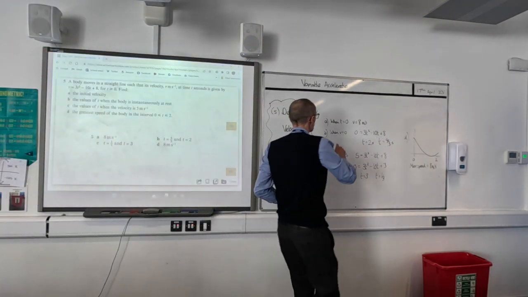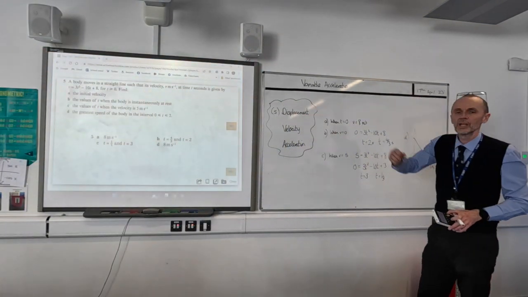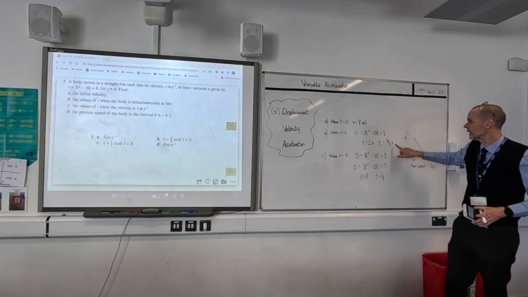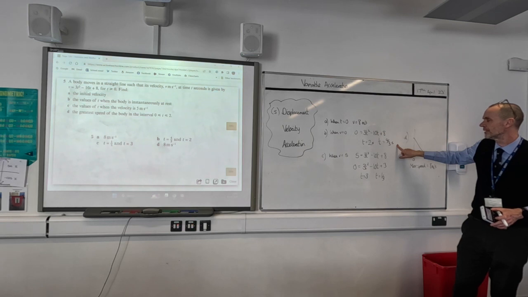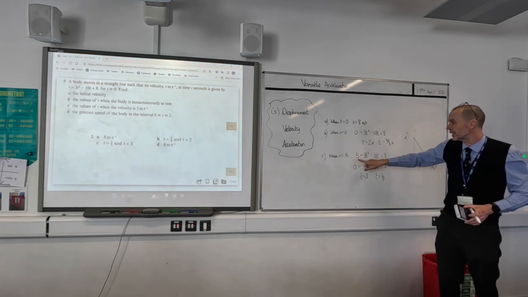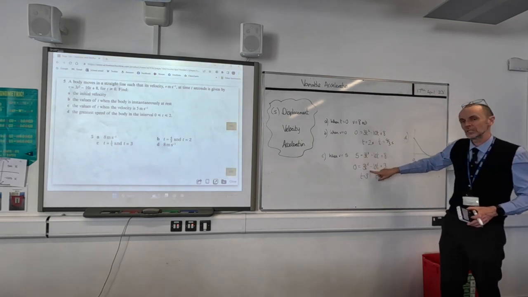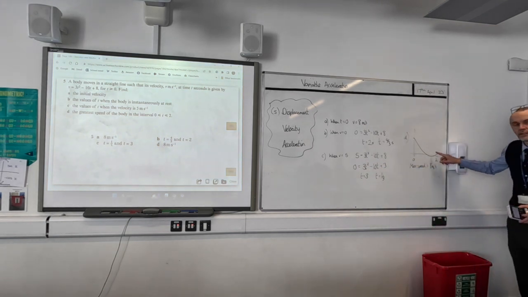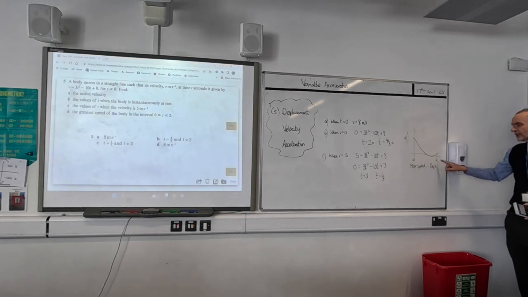So initial velocity was just when t is 0. You can do that by just looking. At rest means velocity is 0, so I just solved it on my calculator. When v is 5, I just made v equal to 5, lined it up, solved it on my calculator, and then a bit of a cheat here. I sketched it on my calculator between 0 and 2. I already knew it crossed at 4/3 and 2.